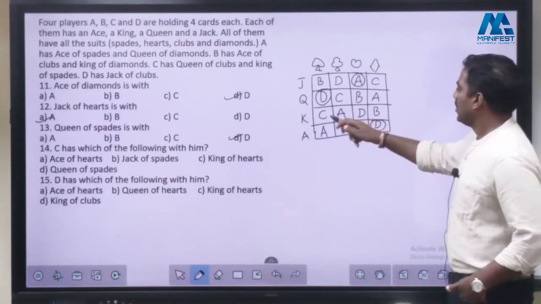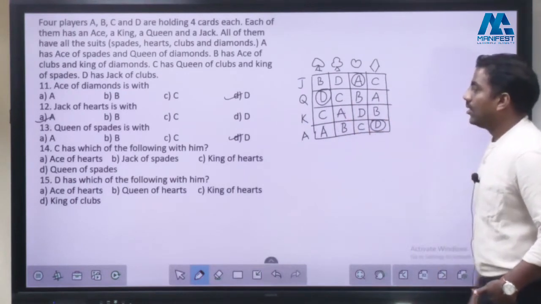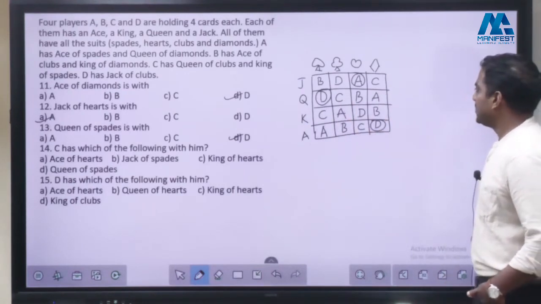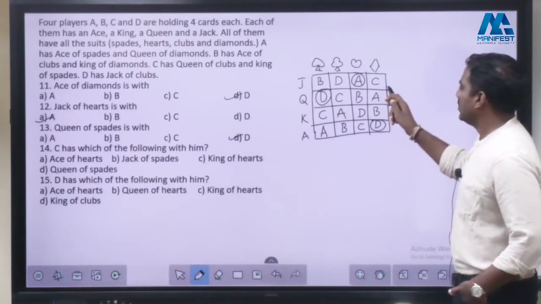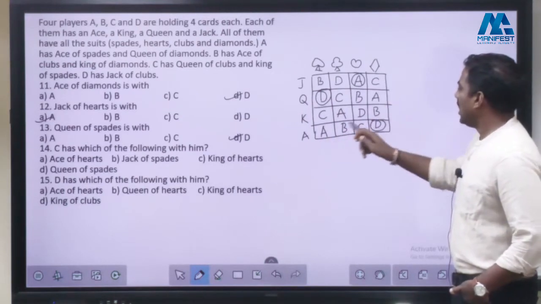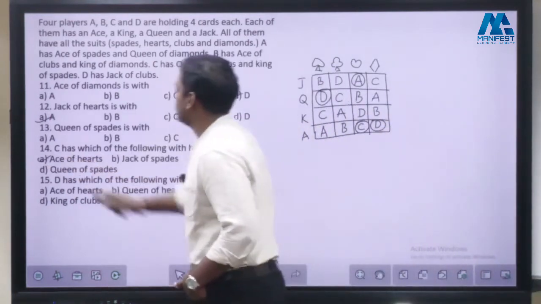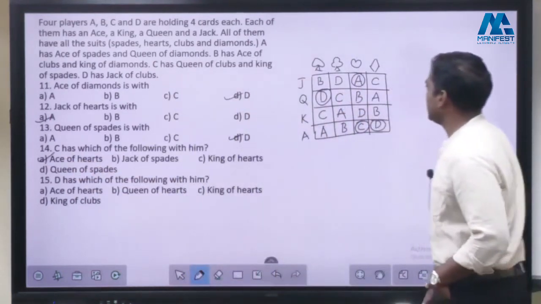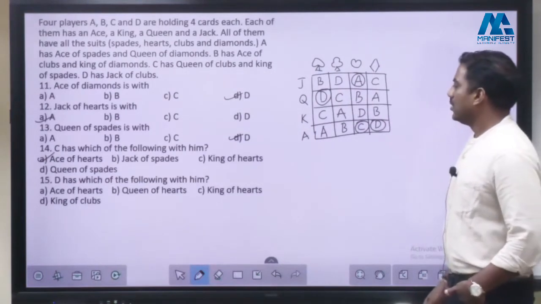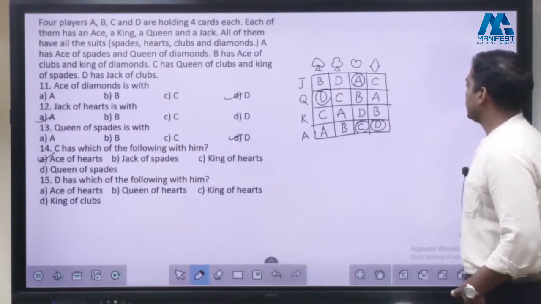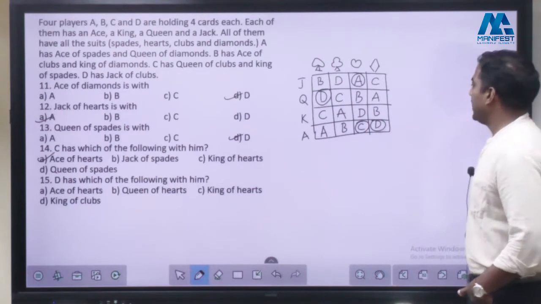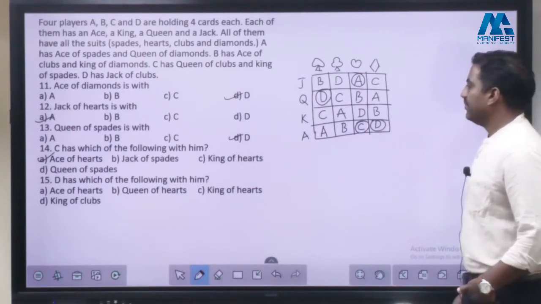Here, here, here, here. Ace of hearts, C has ace of hearts. Yes. Jack of spades, no. Jack of spades is with B. King of hearts is with D. Queen of spades is with D.